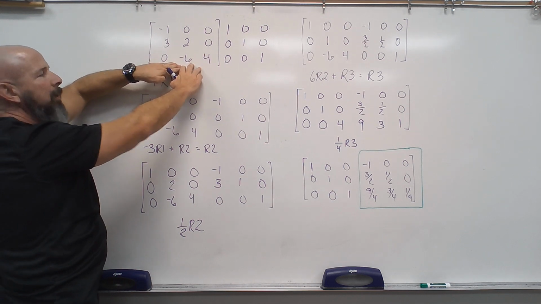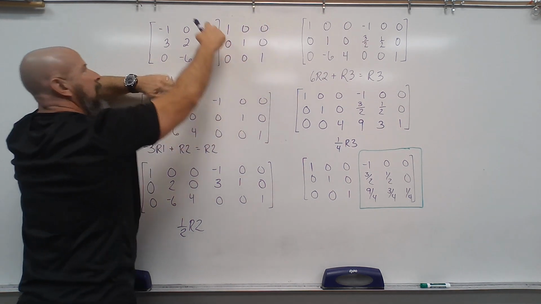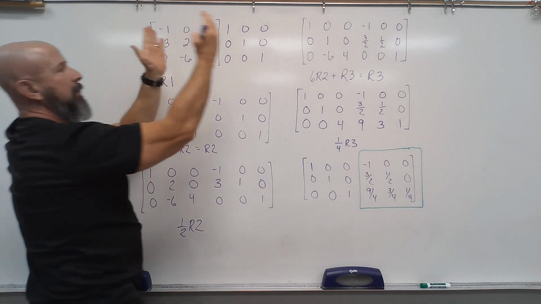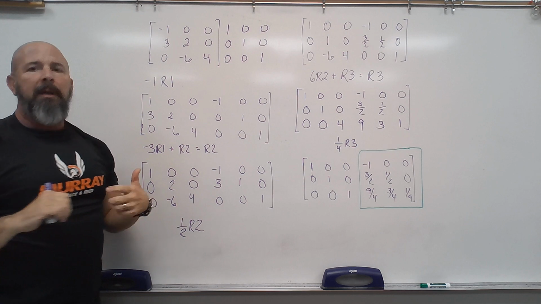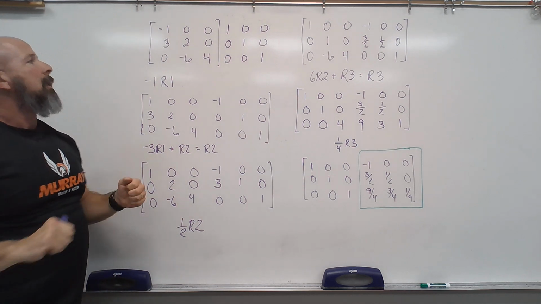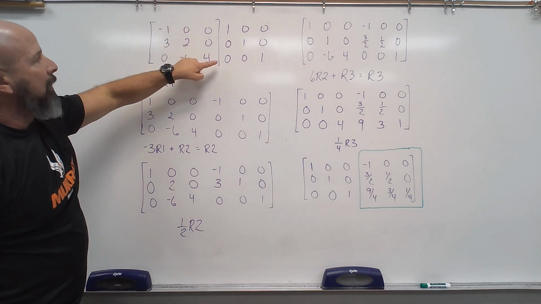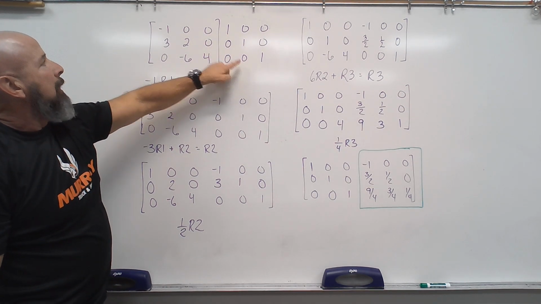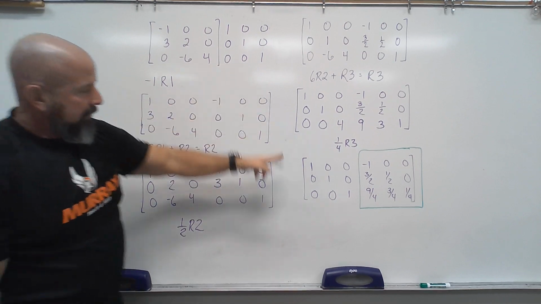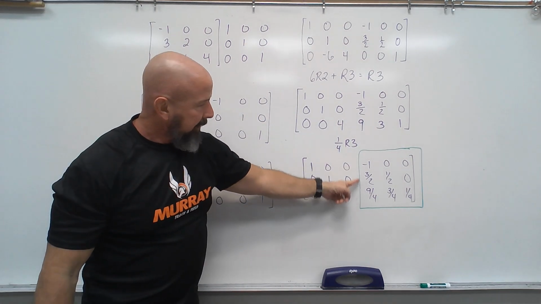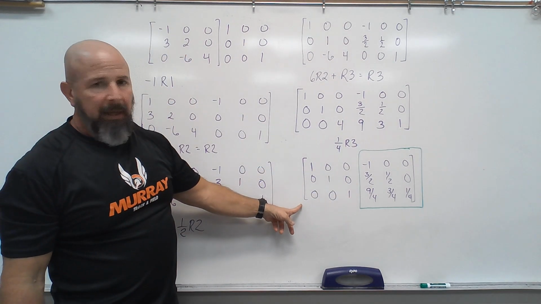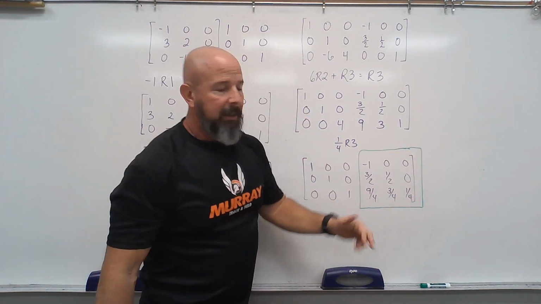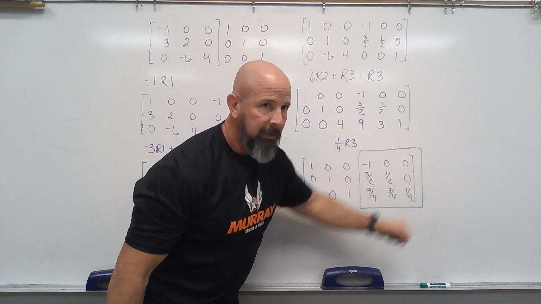So I'm doing all the row operations to get these 9 values in these 9 slots. Then whatever's left on the right side in the end would be the inverse. So what we went through was, if I had this piece here, go through all of my row operations, what happened on the left side, the matrix that I ended up with, this became the identity, or excuse me, the inverse of that original 3 by 3.